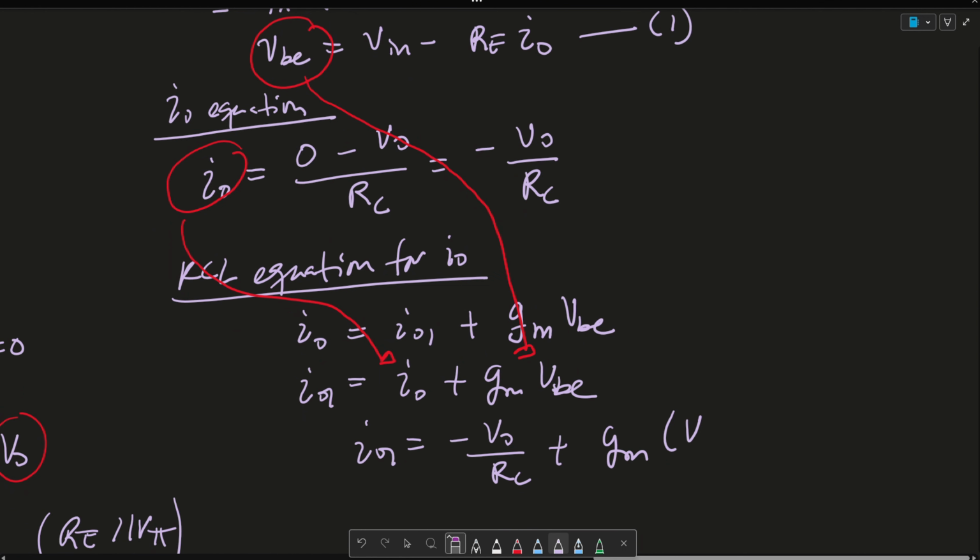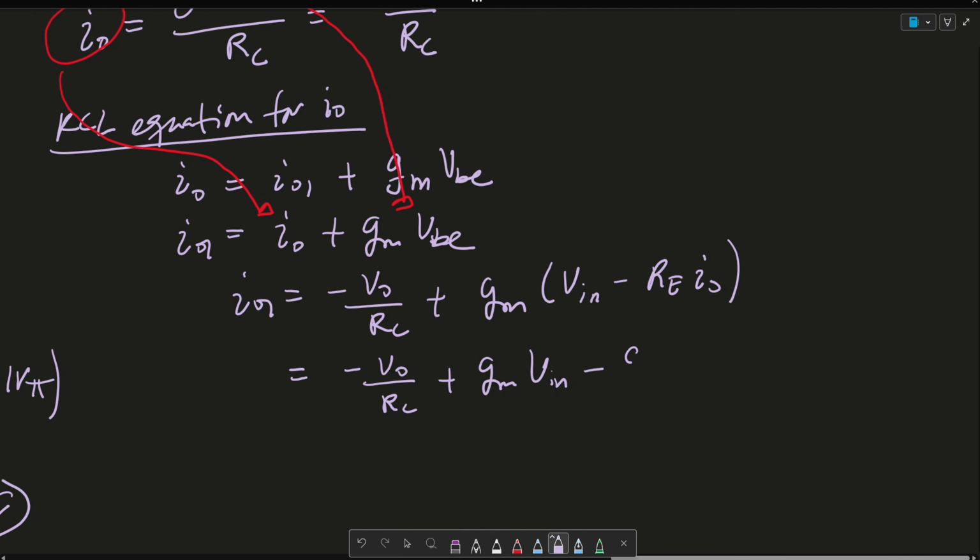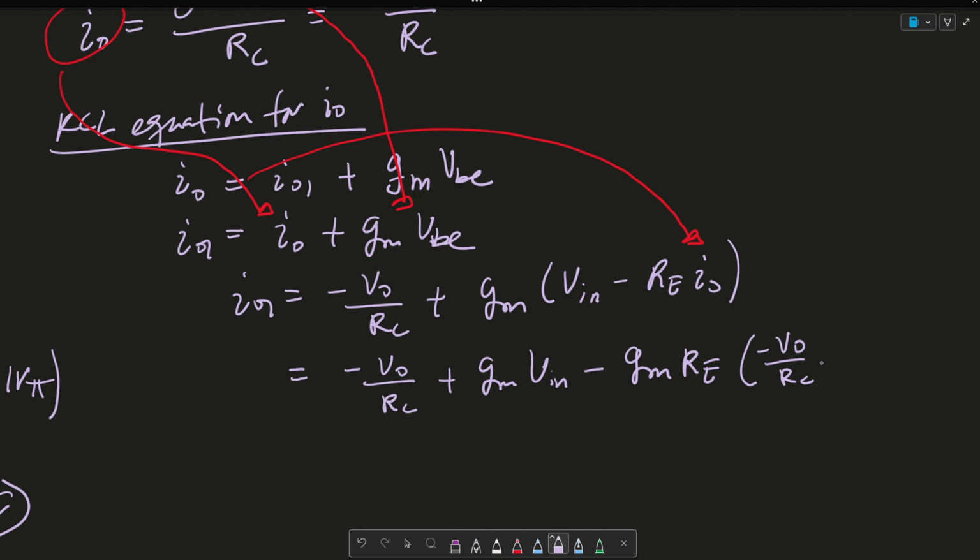Sorry, this should be Vn minus RE IO, which then equates to minus VO over RC plus GM Vn minus GM RE. Again, IO plugs into here, and we get minus VO over RC. So I hope that makes sense.